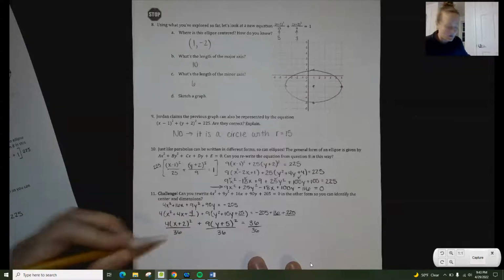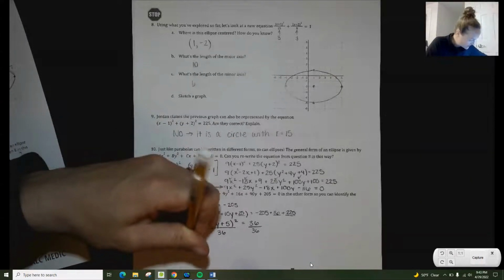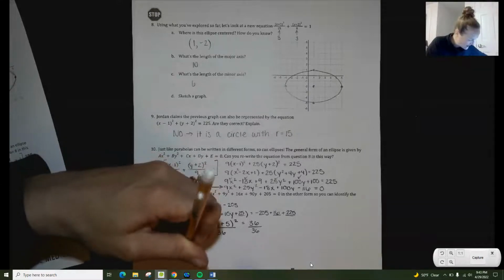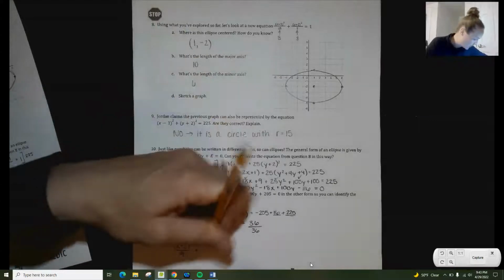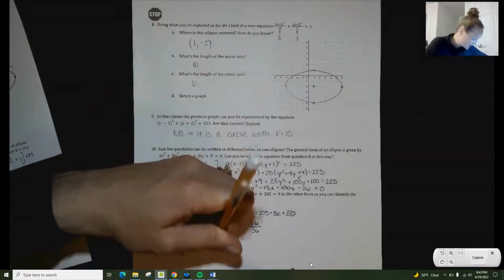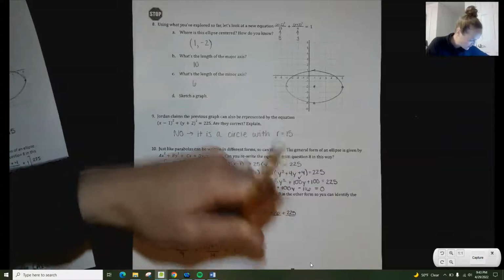So 4 over 36 is 1 over 9. So you end up with x plus 2 squared over 9. And then 9 over 36 cancels out to make 1 over 4. So you end up with y plus 5 squared over 4 equals 1.